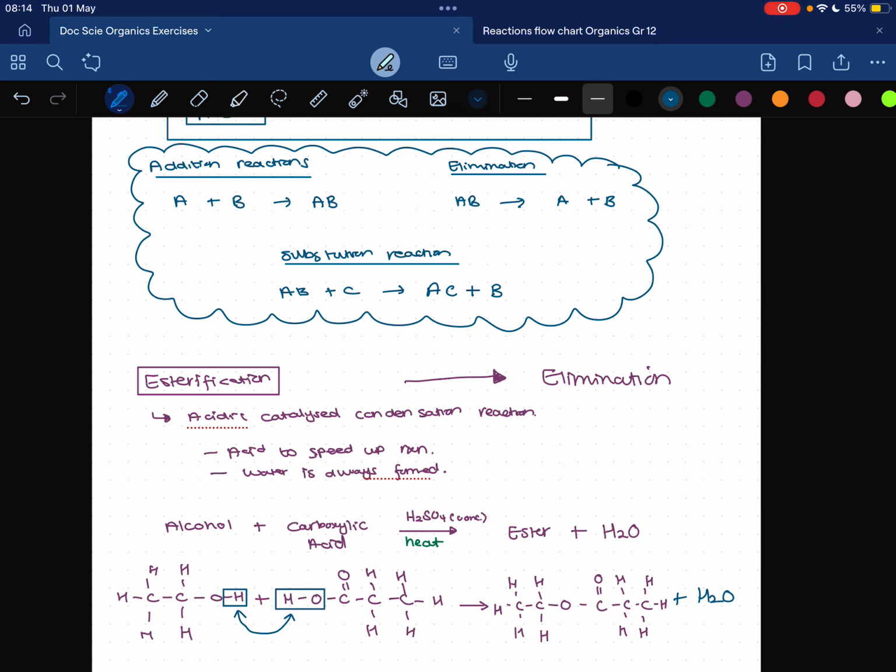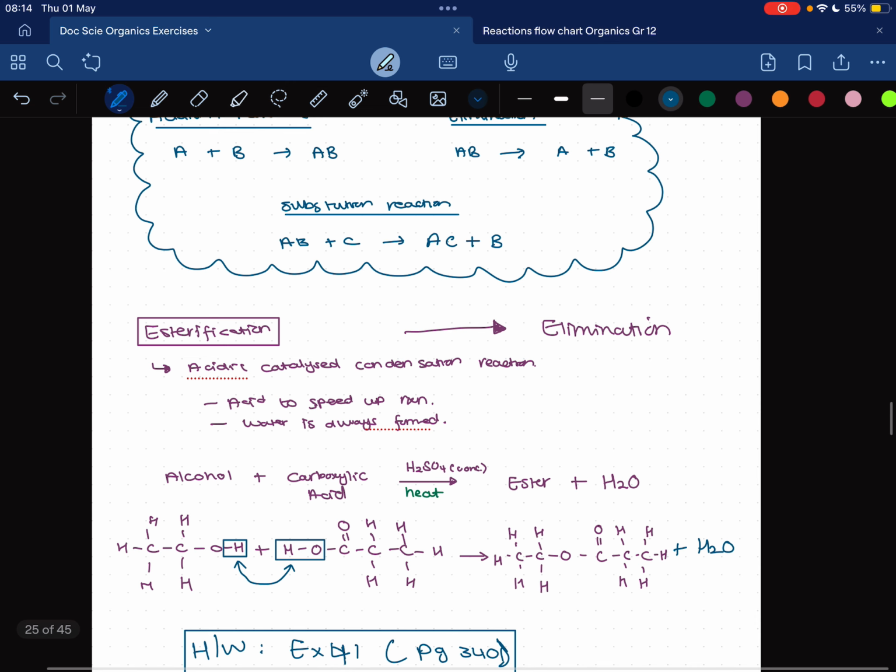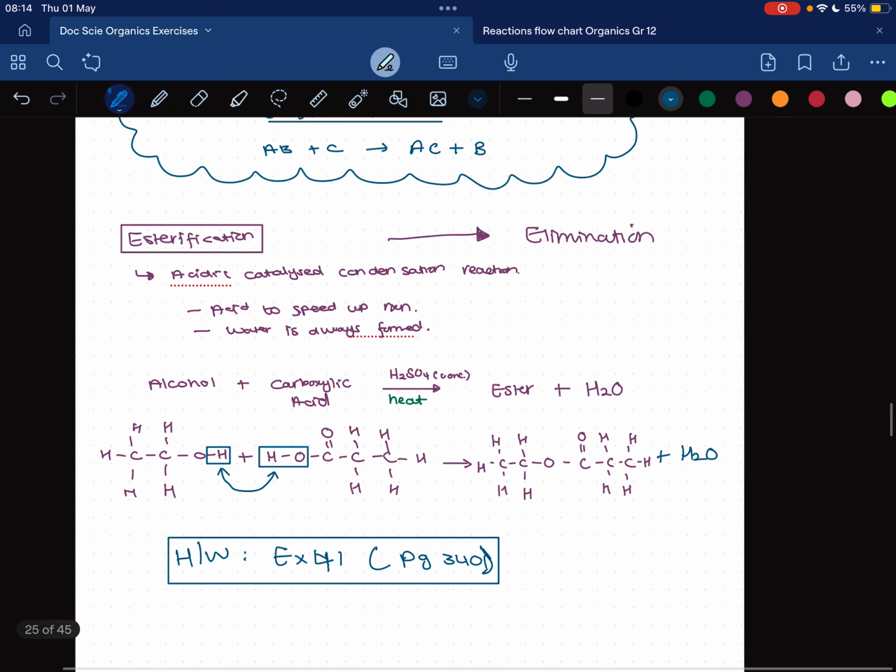So we've done 1 substitution so far, the combustion. And then we've done esterification, which is similar to what we've already covered when we were doing esters, which is a general type of elimination reaction, where we have a concentrated acid, H2SO4, and we also add heat in the reaction in order to form that ester.